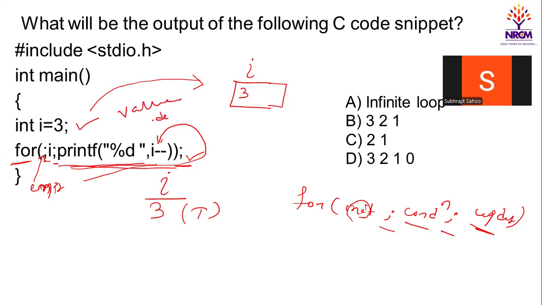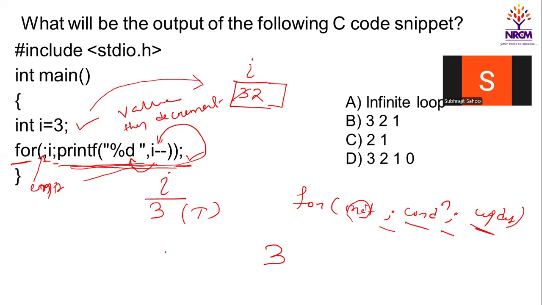First value, then decrement. So first the i value; right now i value is 3. So 3 will be printed first. Then i-- means 3 becomes 2.